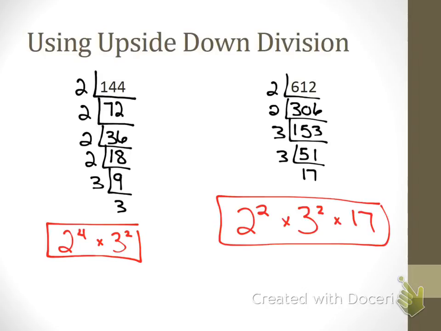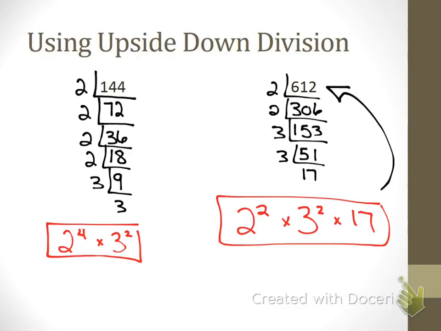And guys, I want you to multiply that in your calculators. What is 2 squared times 3 squared times 17? Use your exponent button. What do you get? 612.